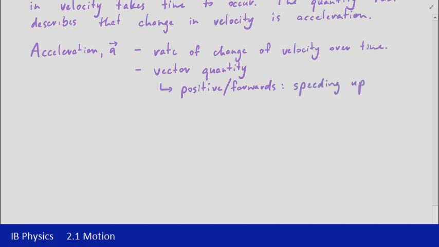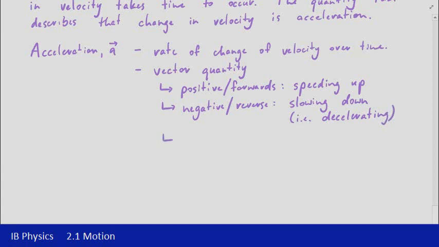If it's a negative value, and negative usually means in the reverse or backwards direction, that means that the object is slowing down. So its velocity is decreasing, it's still moving forwards, but its velocity is decreasing. There's another term that we'll often use to describe that sort of acceleration, a deceleration. So a deceleration is actually a type of acceleration, it's just that it's slowing down.